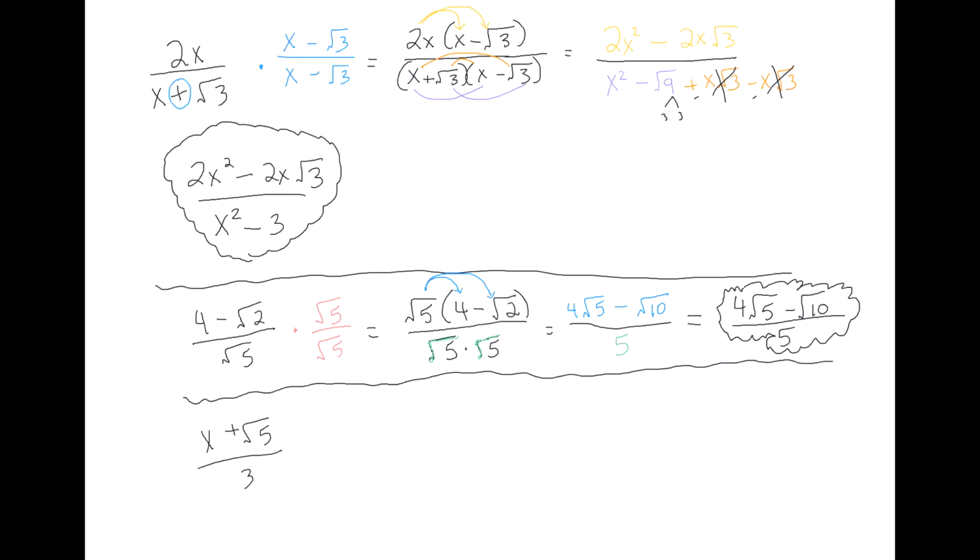What about this? What am I going to multiply by? X plus square root of 5 over 3. Give you 2 free points just for trying, saying something.